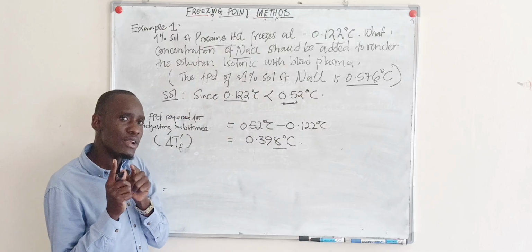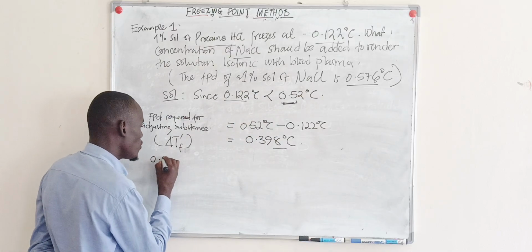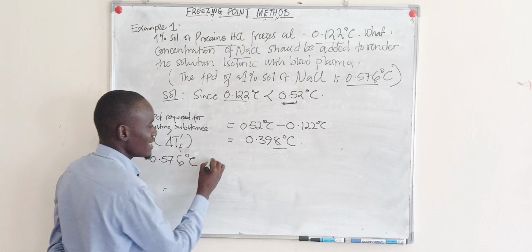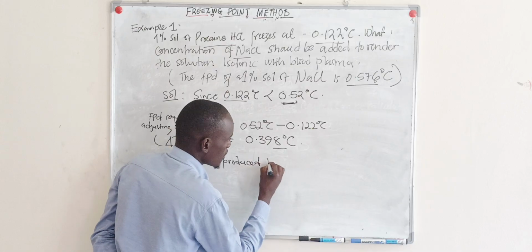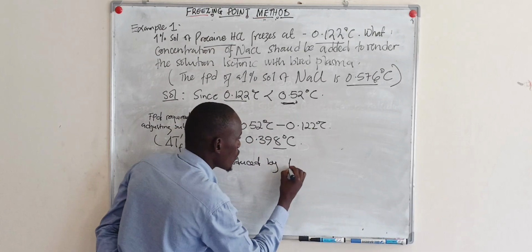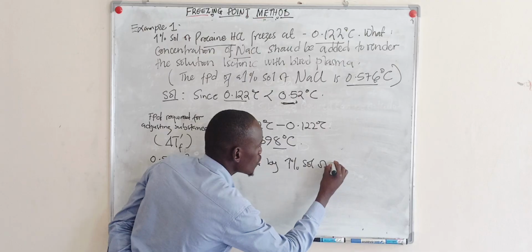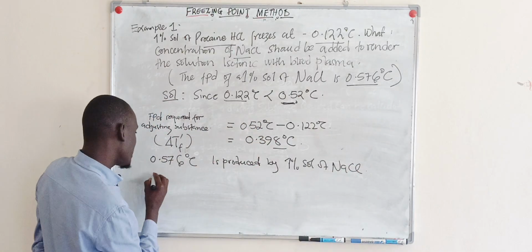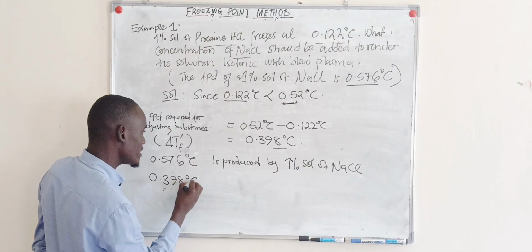So from first principle, we are going to say that a freezing point depression of 0.576 degrees C is produced by a 1% solution of sodium chloride. How about 0.398 degrees C?